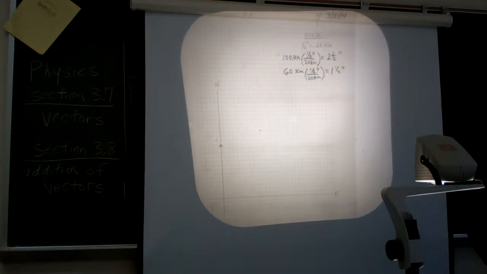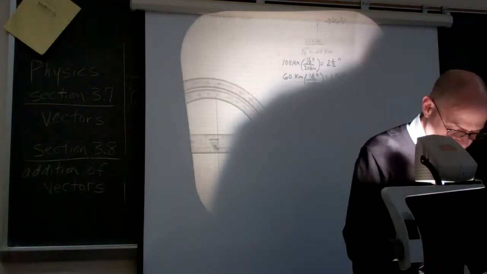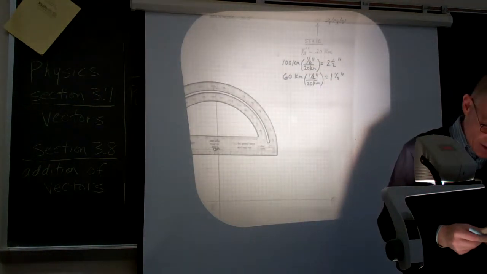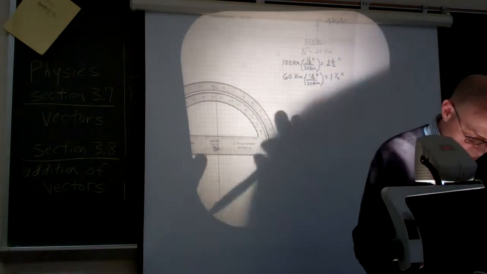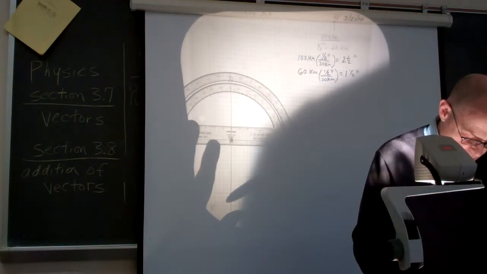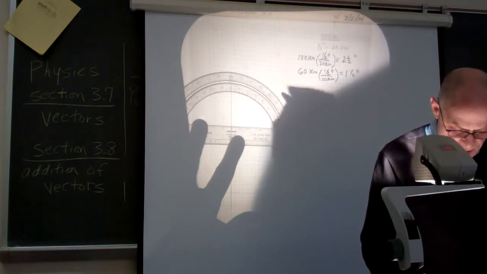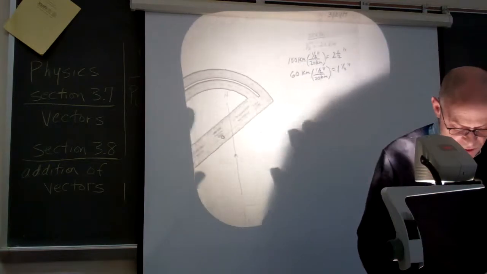Now this one is northeast, which will be at a 45-degree angle. So the first thing I need to do is use my protractor and mark off, make sure I know what that direction is. Mark this off at a 45-degree angle. It'll be up in that direction.